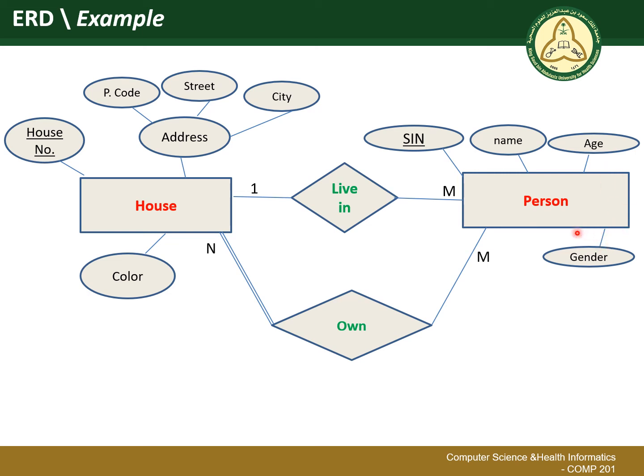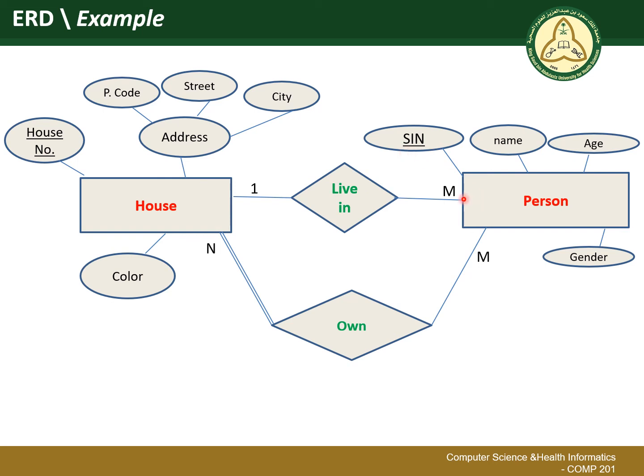For the person there is the gender, the age, the name, and the social insurance number, and the house has attributes: color, the house number, and the address, which is a composite attribute consisting of the postcode, street, and city. The key identifiers for each entity: for the house, the house number, so we underline it, and for the person, the social insurance number, we underline the social insurance number also.